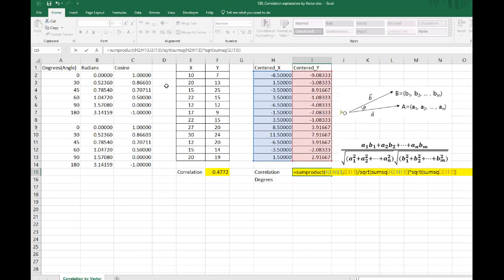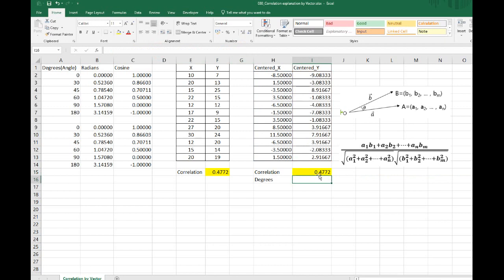We use parentheses here, and press enter. Right. So we got the same results.